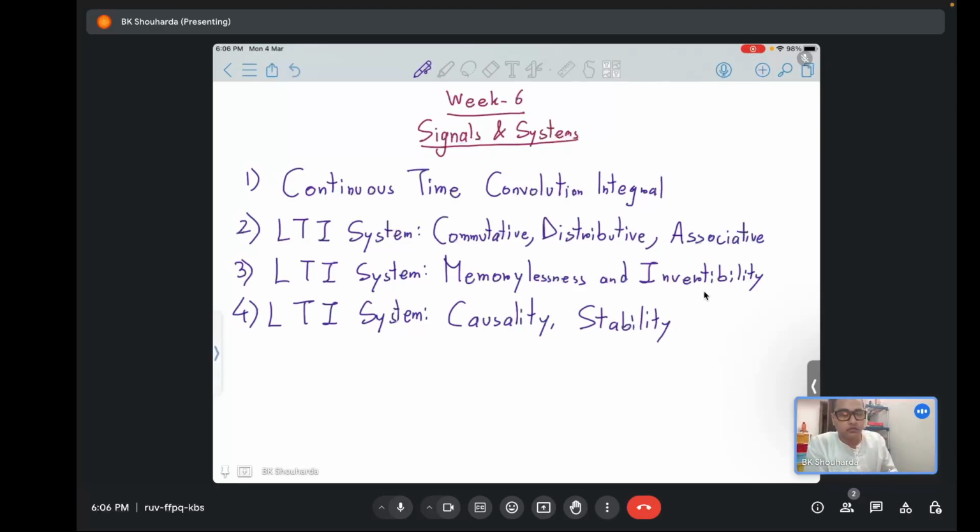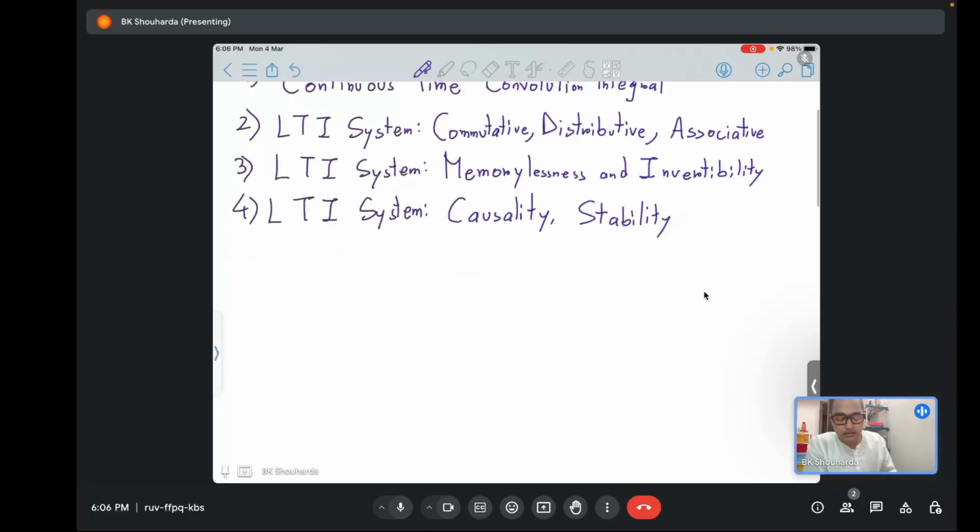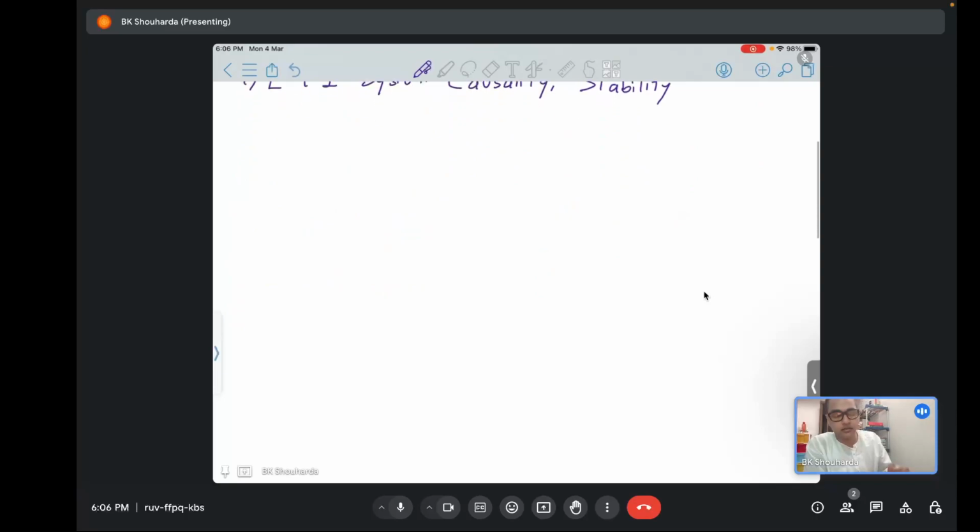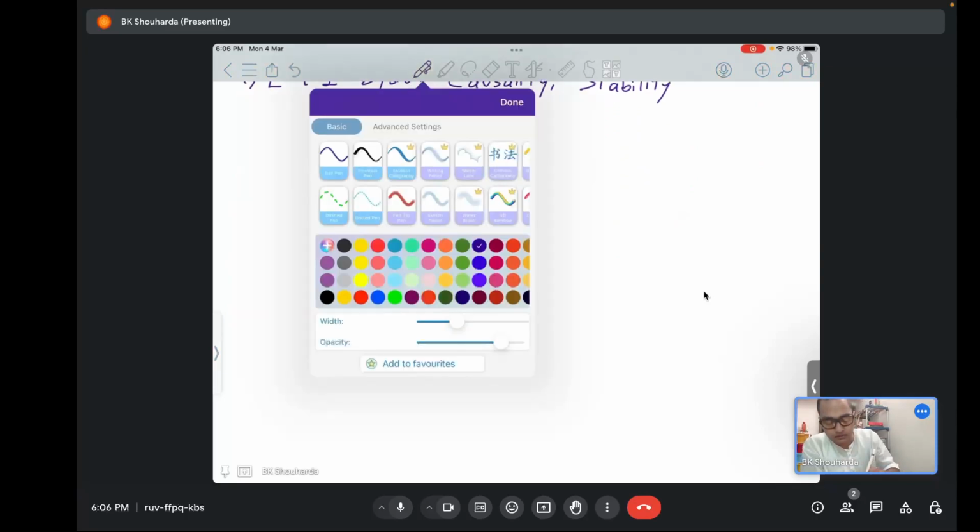Okay, so before we jump into problem solving, let us briefly look into the convolution integral.